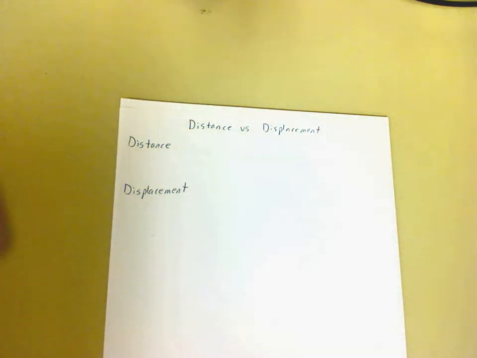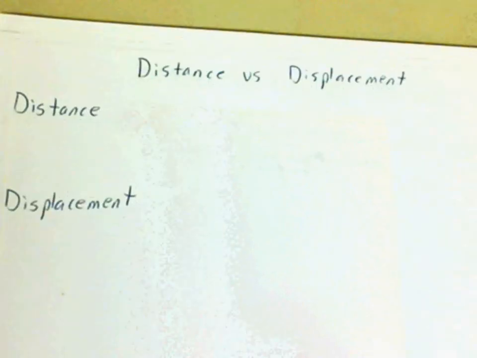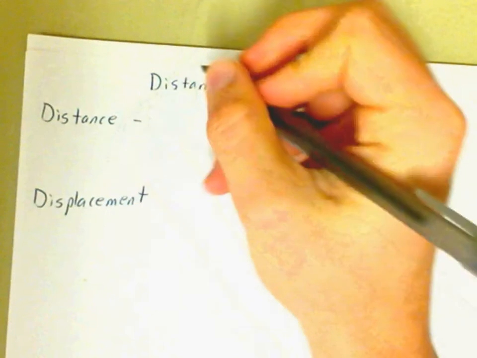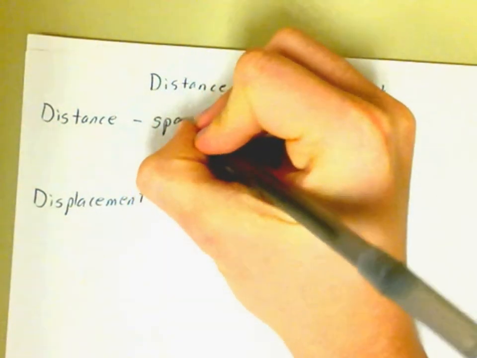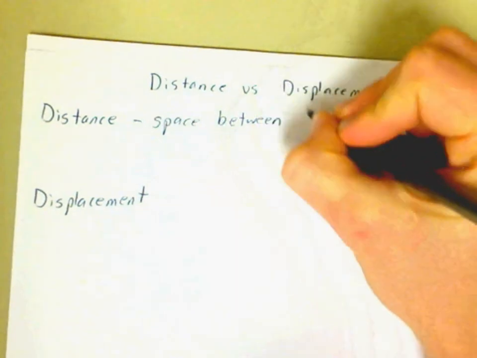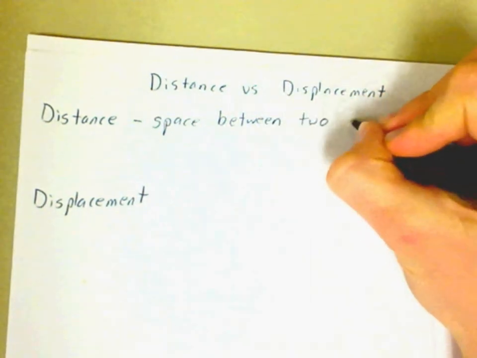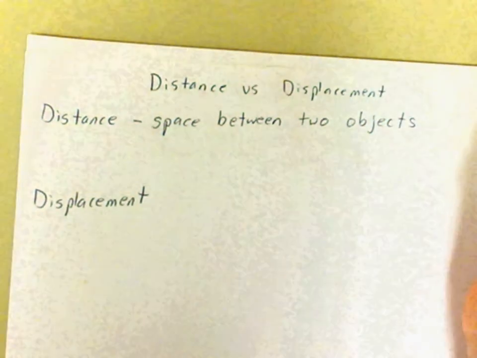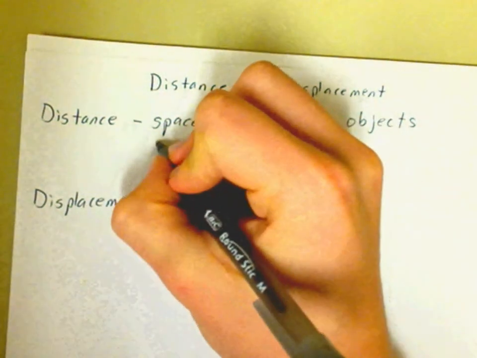Let's start off by talking about distance versus displacement. In class, we said that distance is the space between two objects, or it is the space an object travels.